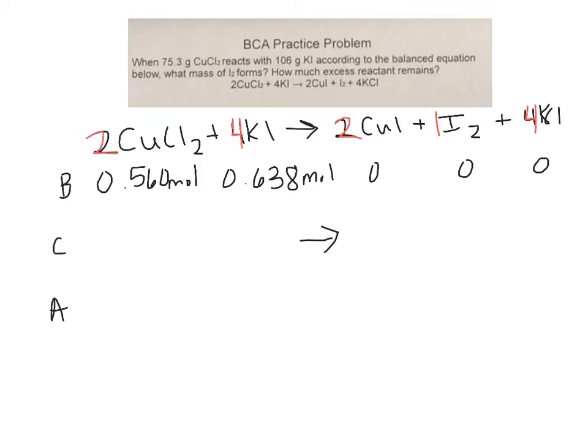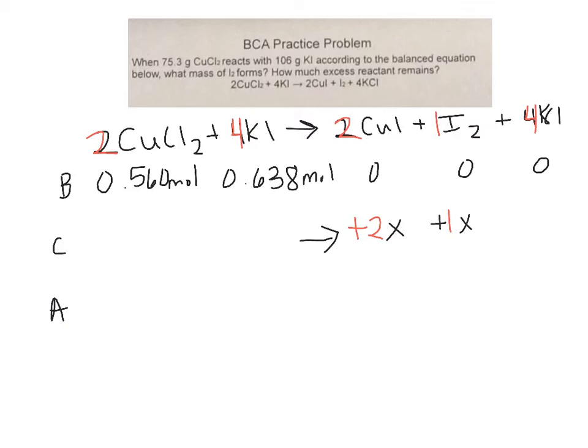If we're thinking about making the copper 2 iodide, we're going to be making 2 of those, so I'm going to put a 2 times some amount, I'm going to call it X. Every time I make 2 of them, I'm only making 1 of the iodine. The reason I'm saying 1 there is because of the stoichiometry; we see that there is a 1 in the coefficient there.